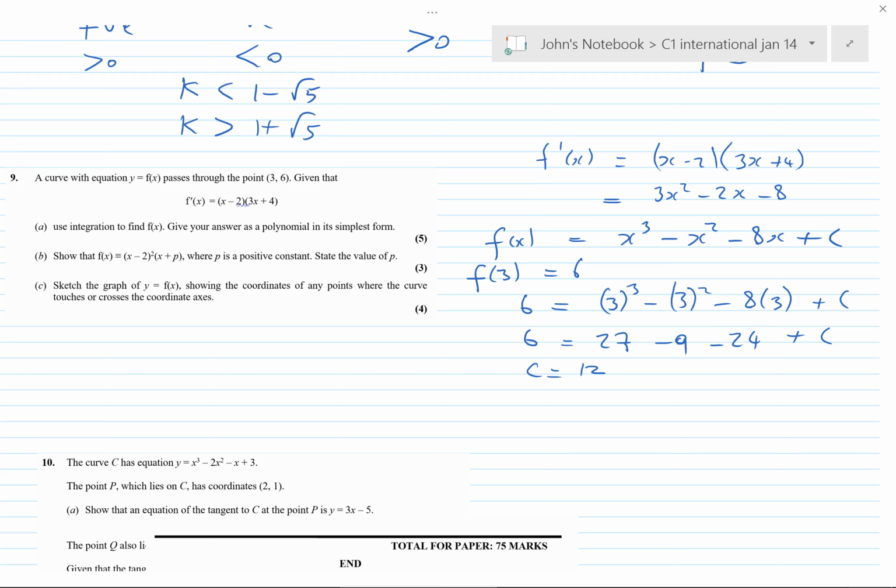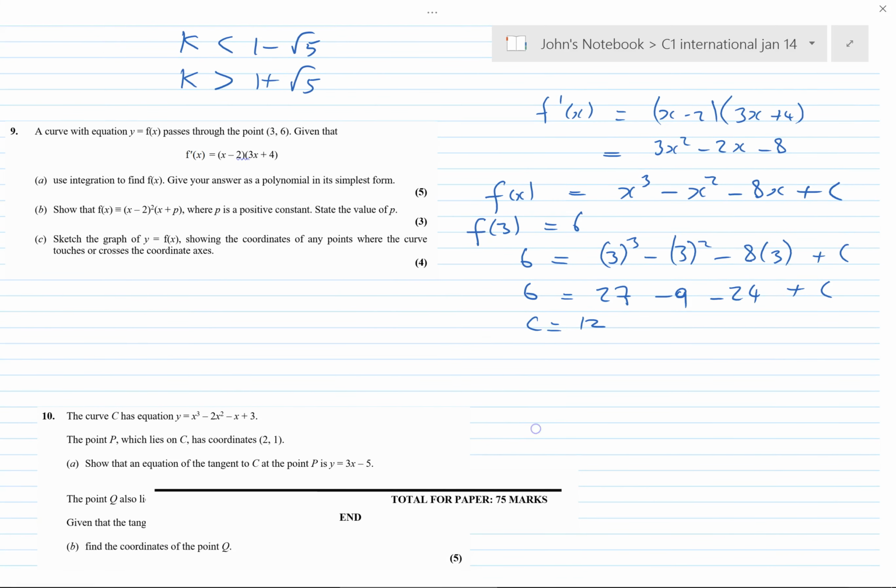Yeah. Okay. So we really should be writing our polynomial now with c written in it. So f(x) is equal to x cubed minus x squared minus 8x plus 12. Okay.